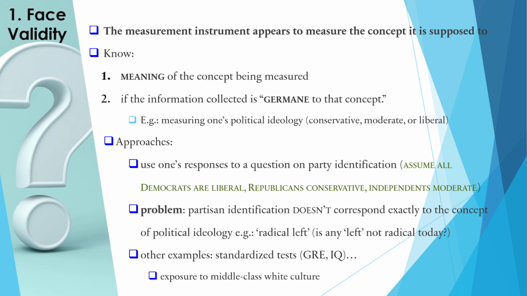But if someone said conservative Republicans, for example, support open borders, that would be like, no, that is not what we have generally seen. So think about the meaning of the concept that is being measured and the information that you collect and whether it's germane to that concept. If you go around and people tell you they are liberal Democrats and they do not support women's right to choose, you would have serious questions about that.